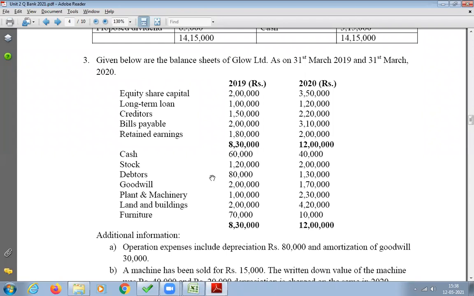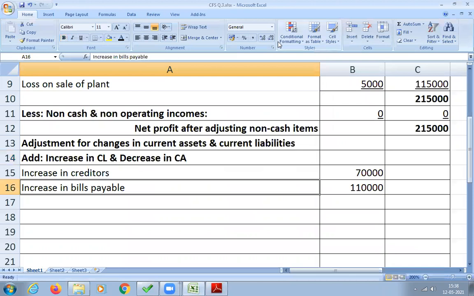Goodwill is non-current. Plant and machinery, land, building and furniture are also non-current. So there is no decrease in current assets. The total of current liabilities increase is 1,80,000.